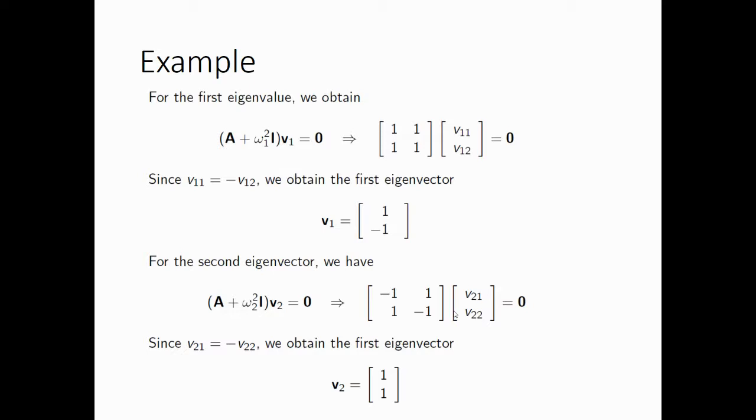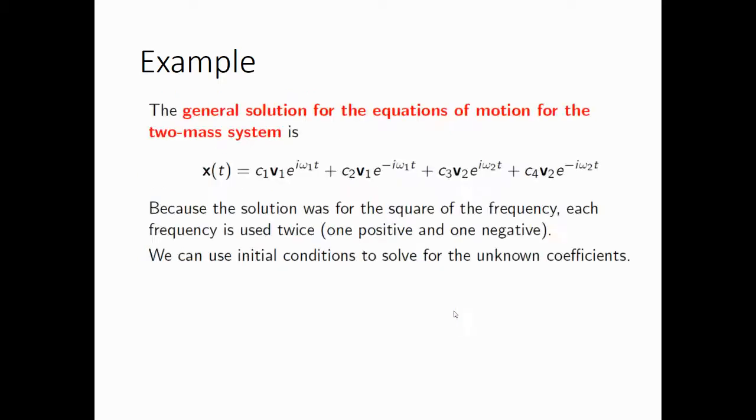For the first eigenvalue, we obtain the system of 1, 1, 1, 1 times v1, v2, and v is equal to 1, minus 1 for its eigenvector. For the second eigenvalue, we get v is equal to 1, 1.